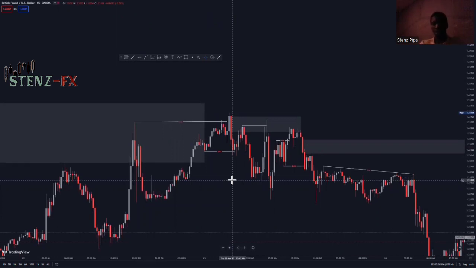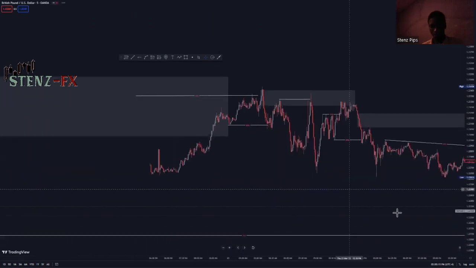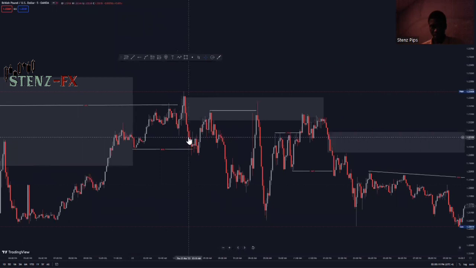Then I saw this move up here. I saw this big drop down. Then I quickly moved to my 5 minutes. On 5 minutes, I see a big structure here. It took out this side, this side, then broke structure.